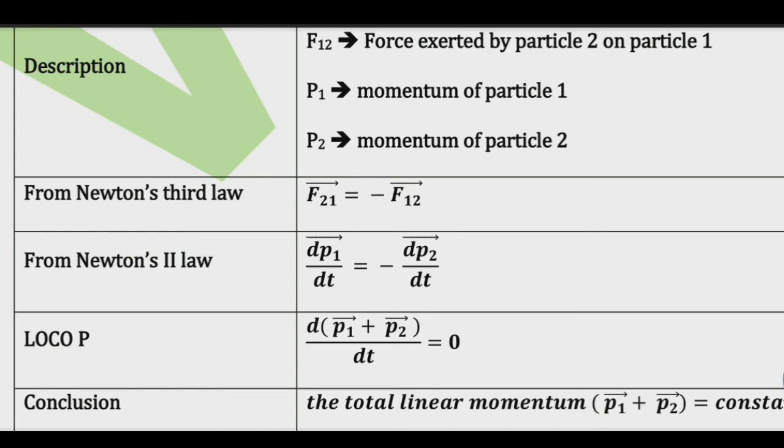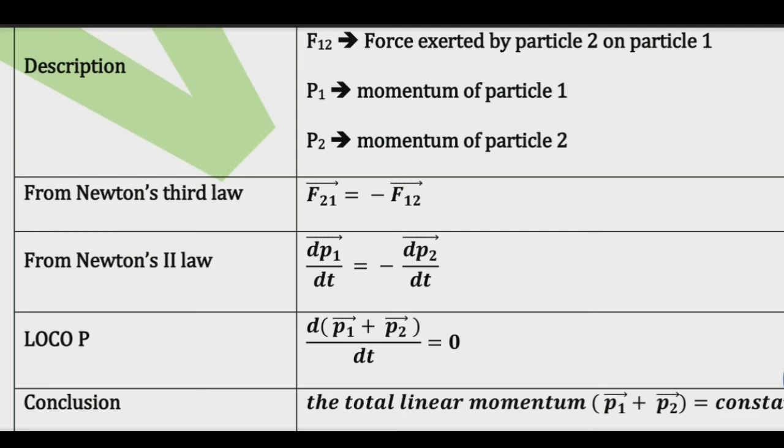In terms of momentum of particles, Newton's second law for the force on each particle can be written as dp1 vector by dt is equal to minus dp2 vector by dt.